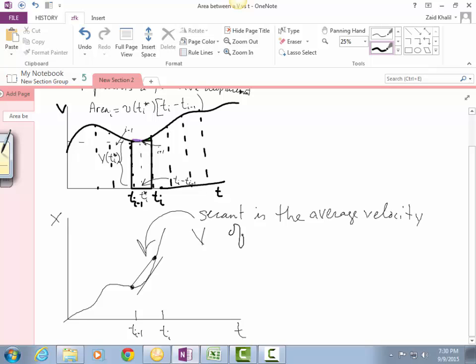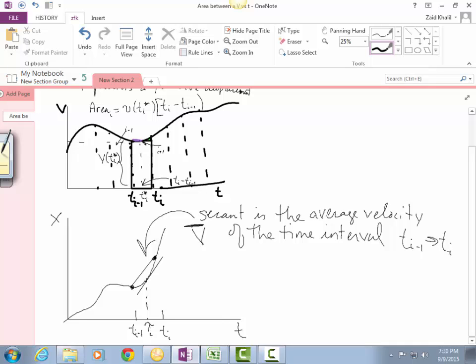Of the time interval ti minus 1 to ti. And so there's going to be some point, call it tau i, such that the instantaneous velocity at tau i is equal to the average velocity over that interval.